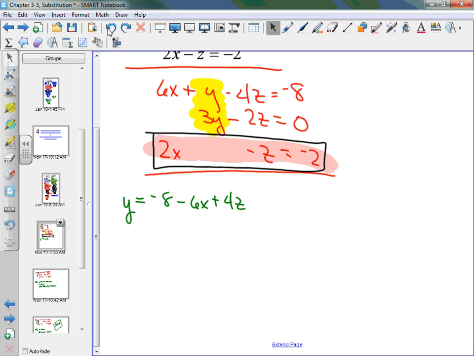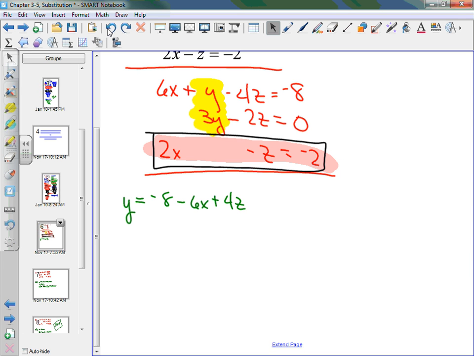So now we're going to use equation 2, correct? And what's equation 2? 3y minus 2z is equal to 0. In every place I see a y, what plugs in for that? Exactly.